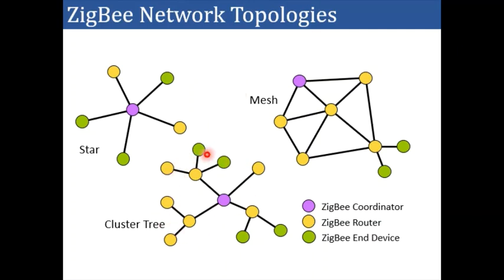We can also have cluster tree kind of approach where you can create a cluster tree kind of structure for the data communication, or we can also have the mesh kind of structure where the Zigbee coordinator will coordinate among various Zigbee routers as well as the end devices. So the mesh network will have the advantage that it will have multiple paths so that the data communication is more reliable.